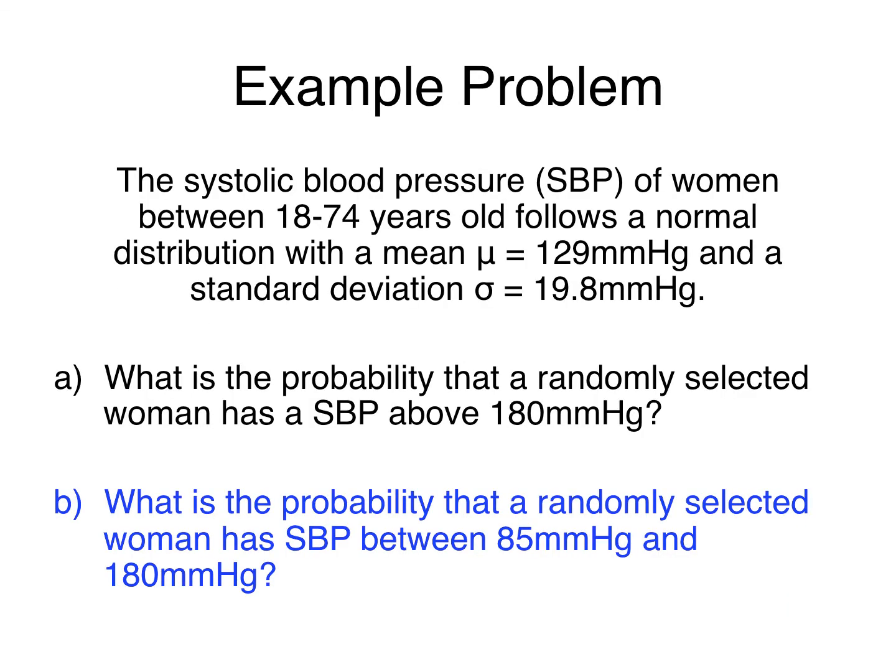So our next question is, what is the probability that a randomly selected woman has a blood pressure between 85 and 180? We already know that approximately 0.5% of scores are above a blood pressure of 180, but now we'll also want to calculate the probability of having a blood pressure below 85 so that we can determine the probability that a randomly selected woman will have a blood pressure between these two values.